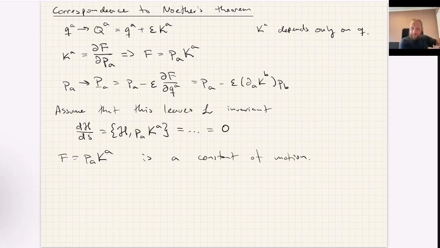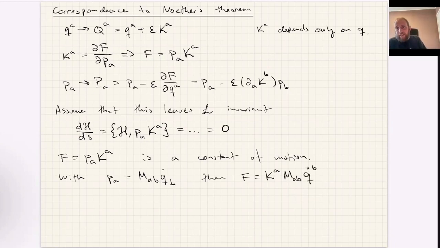And if you now express the canonical momentum in terms of the q dots and the q's, so with p_A equal to M_AB q dot^B, then this f is K^A M_AB q dot^B, and this is exactly the same quantity that we saw should be constant before the break.